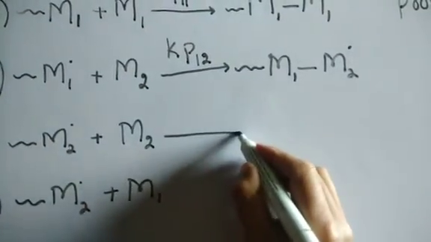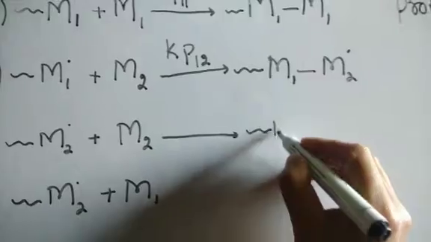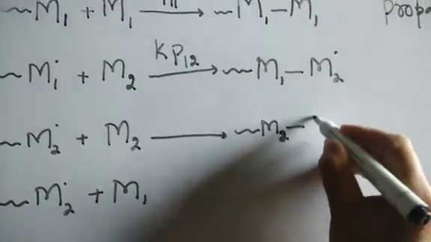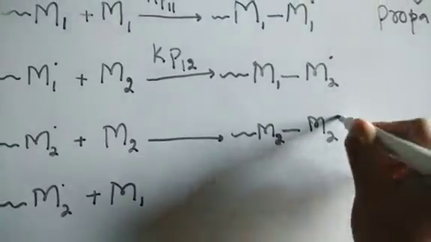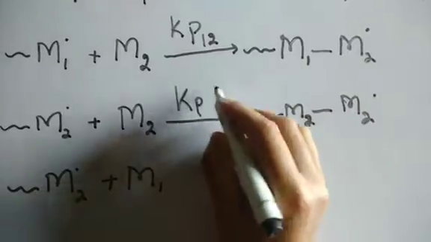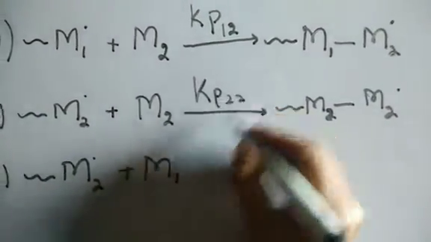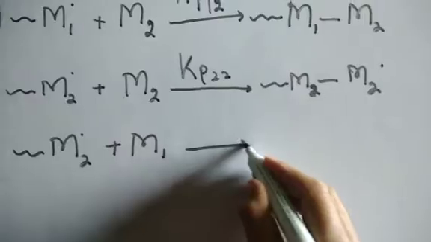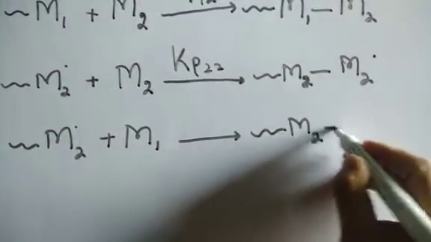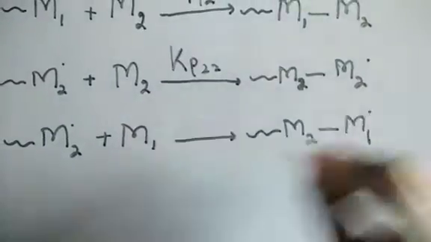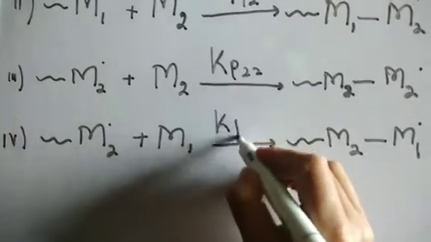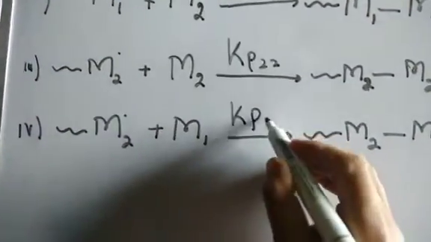And then we have here formation of, sorry, it is 2, M2, M2, and radical on 2. The rate constant for propagation 2, 2. Right? And then we have last one where we have this type of possibility that we have M1 and then active site on the M1, so it is a rate constant for propagation, it is 2, 1.